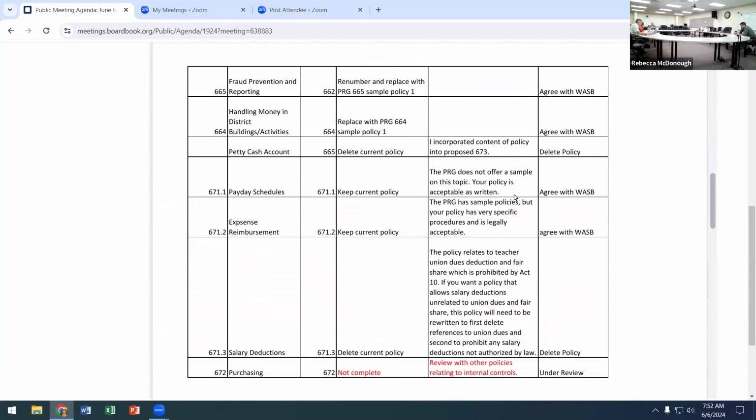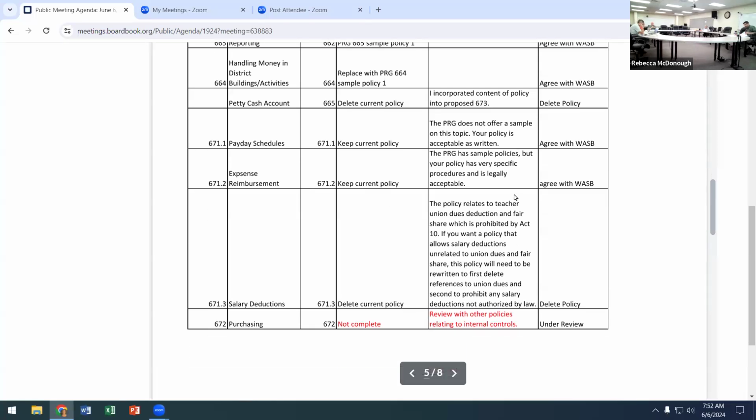We agree with adopting the PRG version of this policy. Then our current 665 is with regards to petty cash, and our recommendation is to delete this. Again, some of the pieces with cash are incorporated into 673.